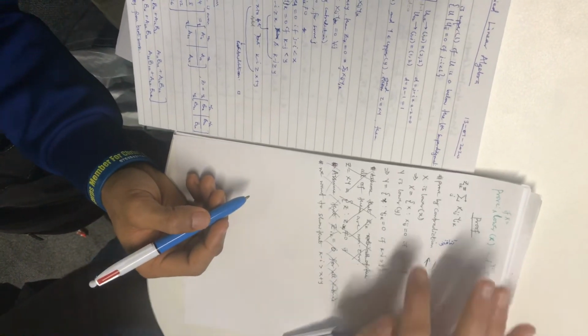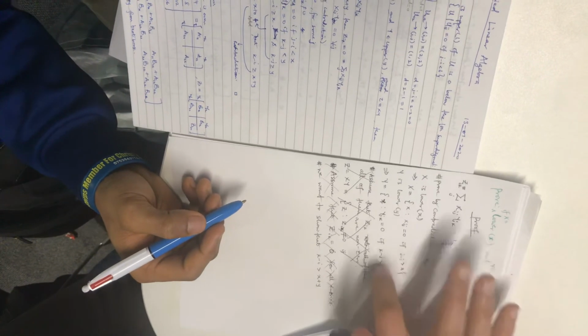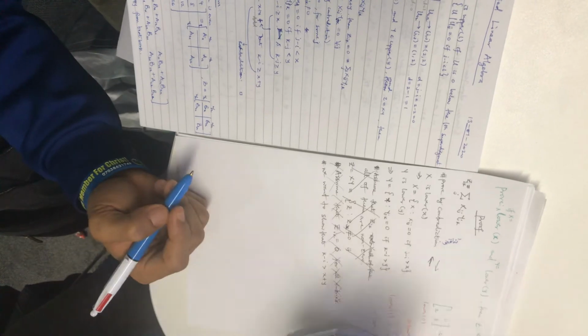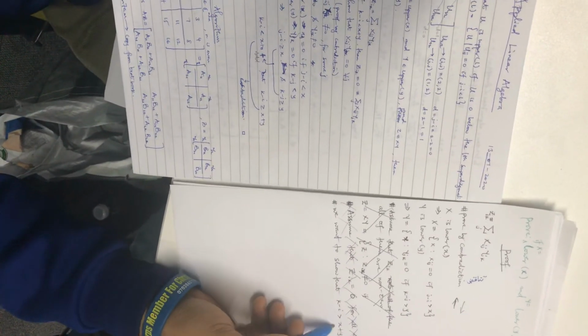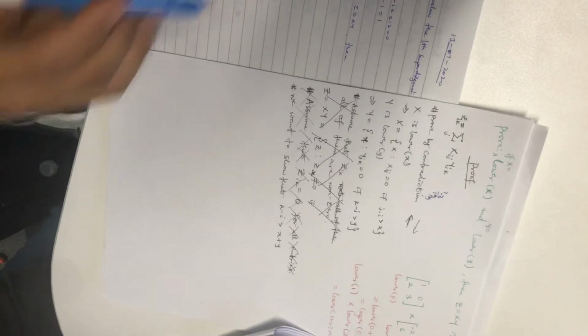I think it's better if we take this one. If you sum and calculate, you will get this one. You see where we're going. So we want to show that this minus this is equal to this, then z_ik is equal to 0.